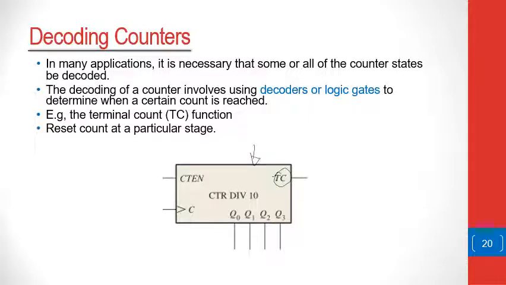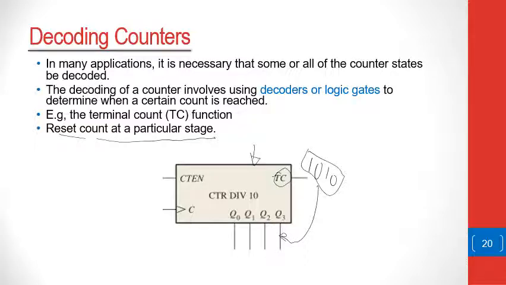This terminal count simply shows when the counter has reached the biggest value that it must count, which is 10. It will go high as soon as the counter reaches terminal count. It will reset the count to a particular stage. In this case, it will just reset back to 0, 0.